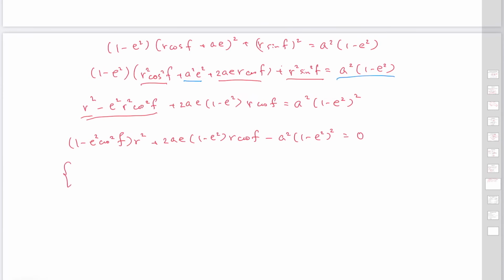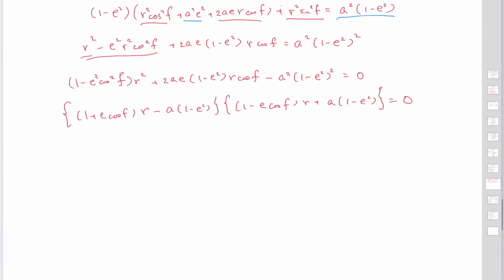So this could be (1 plus e cosine f) r minus a(1 minus e squared), times (1 minus e cosine f) r plus a(1 minus e squared), equals 0. So we have these equations.